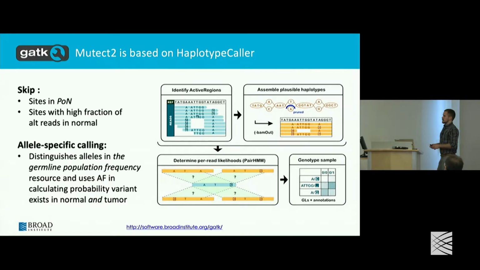It mentions here in the slide that we also have allele-specific calling, meaning that we will use the information from the germline population frequencies resource to basically inform our prior about the probability that an event exists in a germline sample at that particular site.